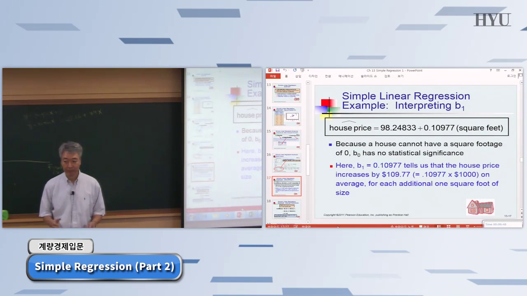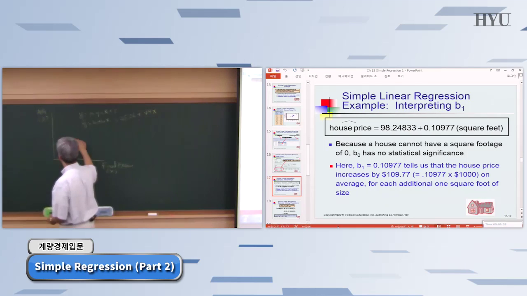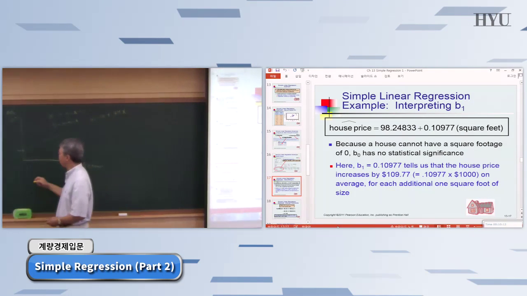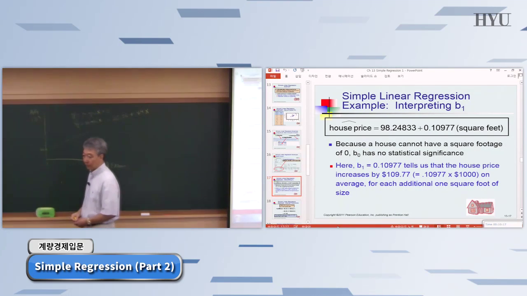When we have actual data and estimate an equation, the intercept, B0, means that if the x variable was 0, then the y variable would have this value.